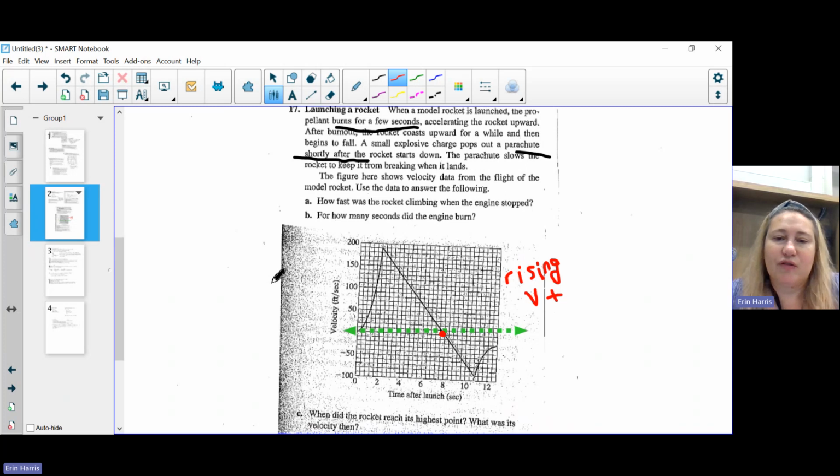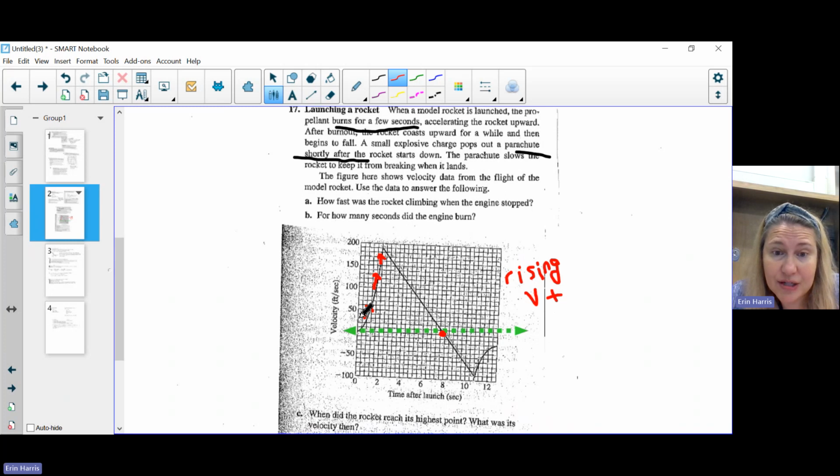Now, we also have to remember that acceleration is the slope of velocity. So if we came along our velocity curve and we drew some tangent lines to represent the slope of the velocity, which would be the acceleration, one of the things asks you when the acceleration was the greatest.